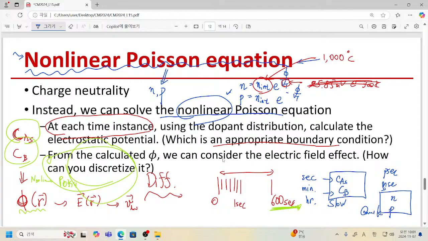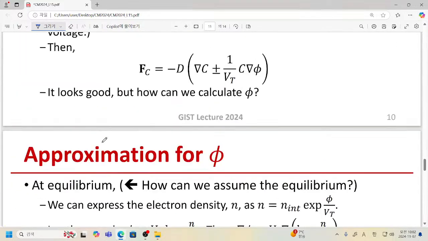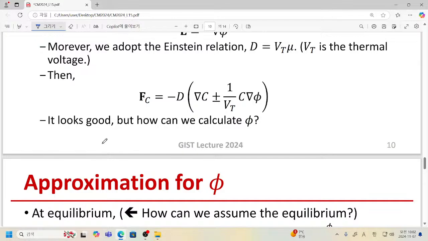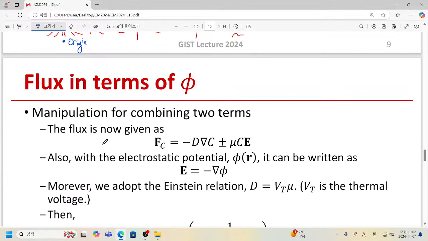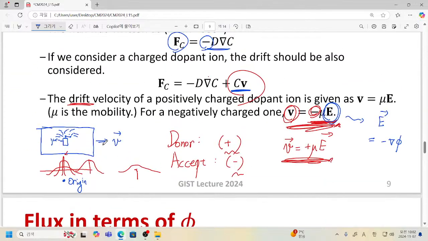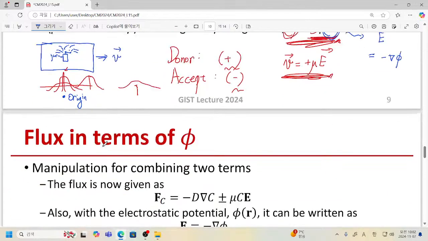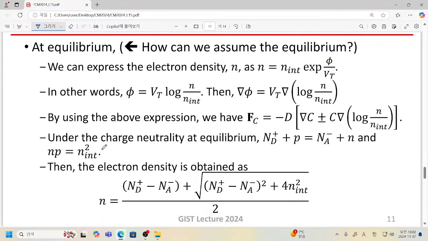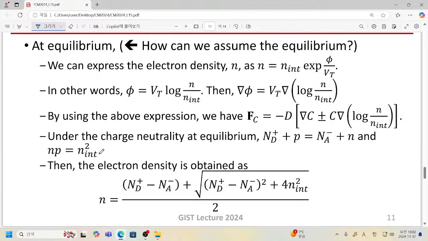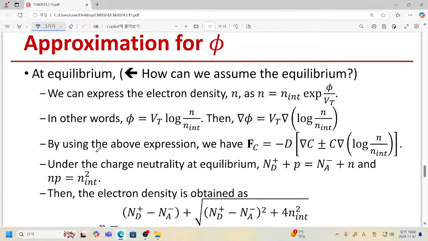So when you have a look at certain technical documents or previous literature in this diffusion simulation, instead of that, they wanted to introduce a certain approximation. Simply speaking, everything is quite acceptable.